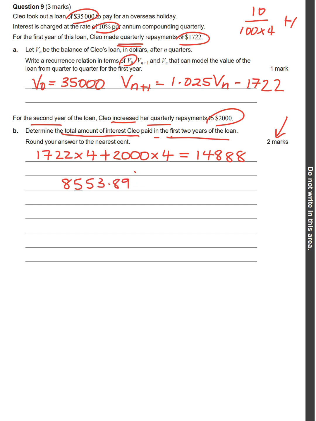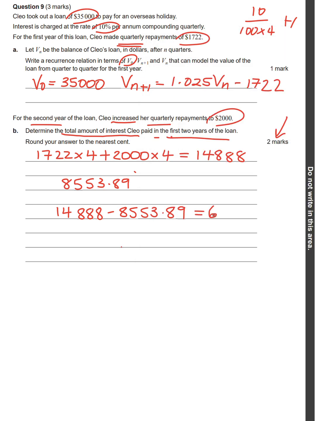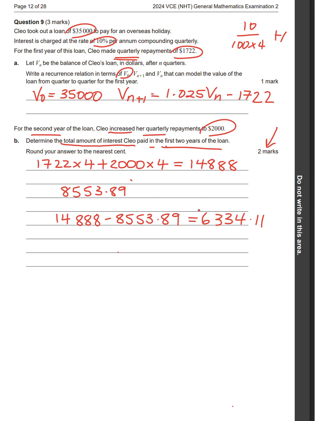And we know that to find the interest, I have to take my total repayments minus how much it's reduced by. So once again on CAS, minus, and again, I'm just going to grab that value. So 6,334.11. So that's how much interest has actually been paid.